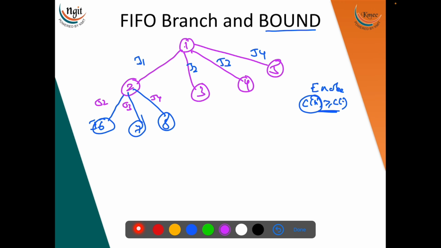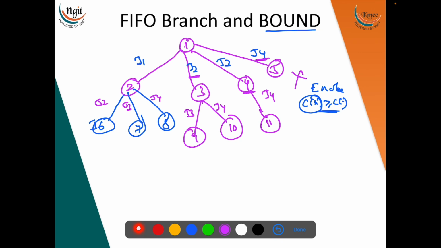Now if it is exploring at the third level, J2 is already there, so you have to find J3 and J4. Already it is J3, so you have only one chance, that you can place only J4. That's it. Anyhow it is J4, and there won't be any choice of placing another job.